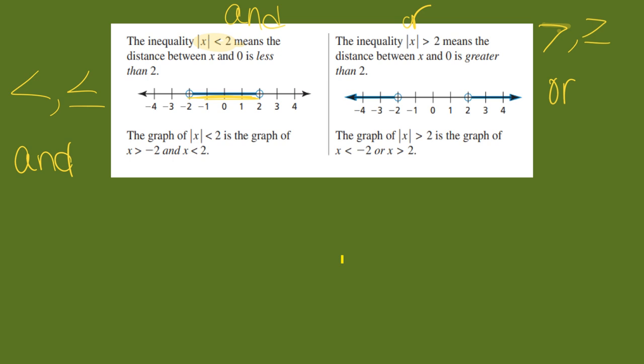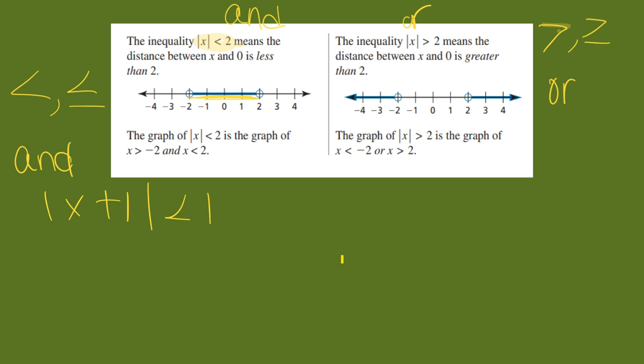So, let's say I have the absolute value of x plus 1 is less than 1. Is my 1 positive?